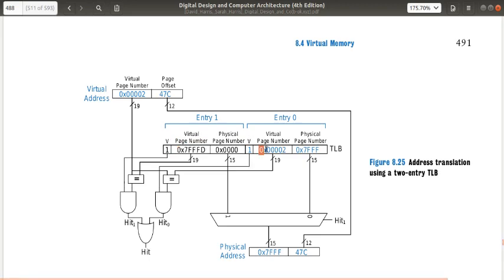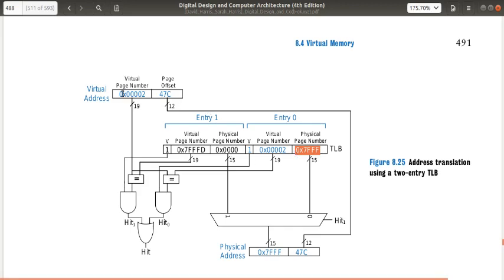These are the 2 entries, and their corresponding physical page numbers also. The physical page number corresponding to the virtual page number 0x7ffd is 0x0000, and the physical page number corresponding to the virtual page number 0x00002 is 0x7fff. So these 2 entries are there.